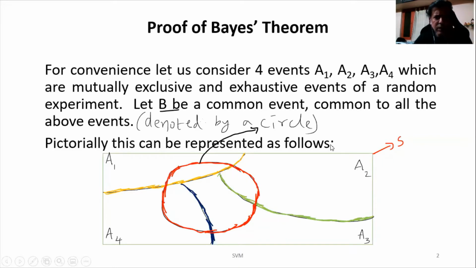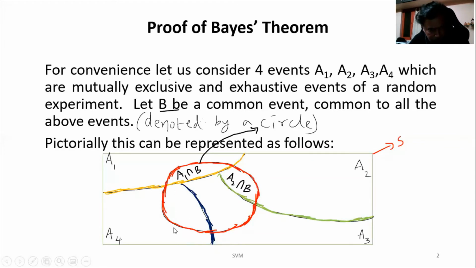It is basically A1 intersection B. Now, what is this portion? That is this red color and then this green color. That is nothing but A2 intersection B. Then what is this portion?